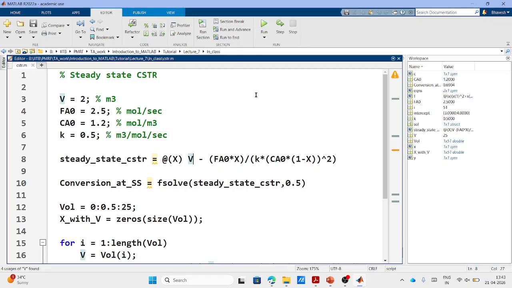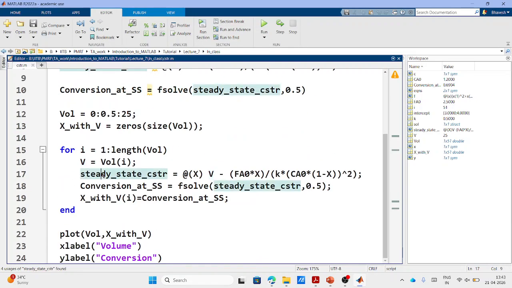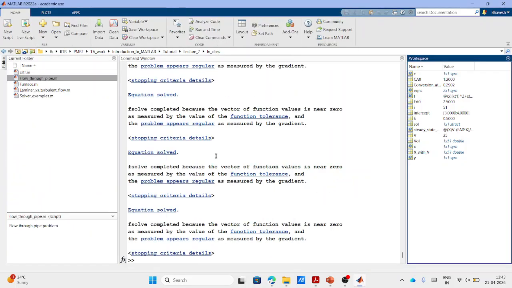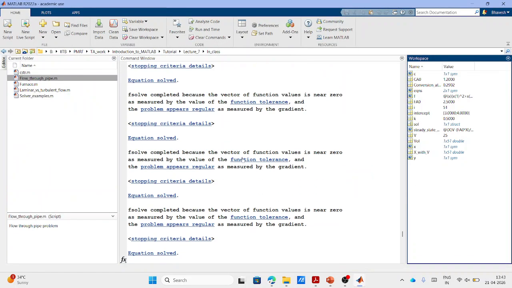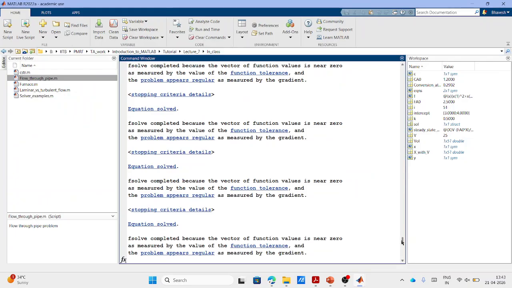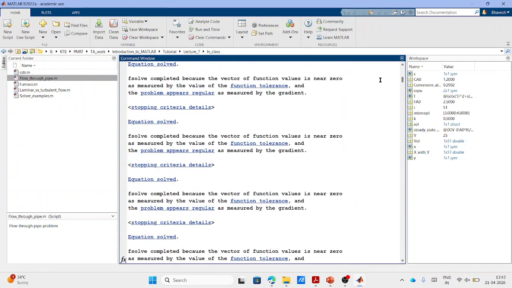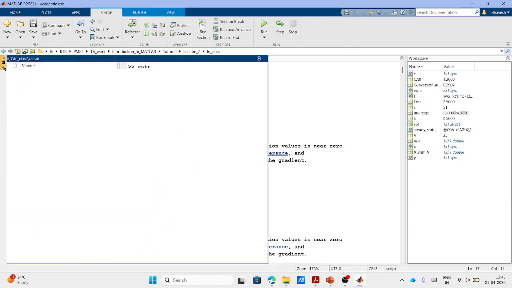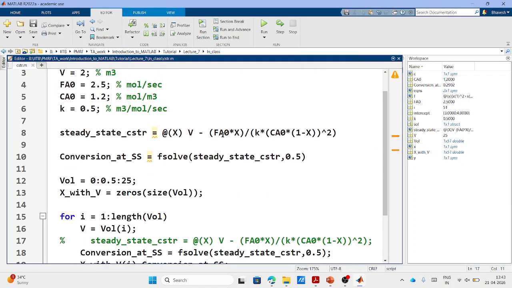So when I run this command, here you are getting the CSTR defined in terms of this. Here you are looking at the variable names, but in actuality, we already have these variables defined.